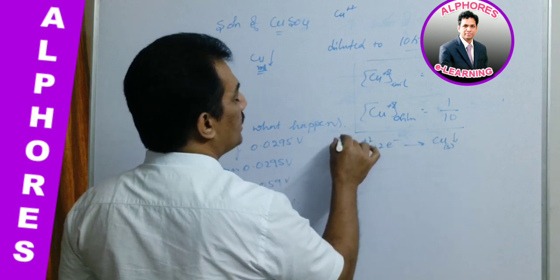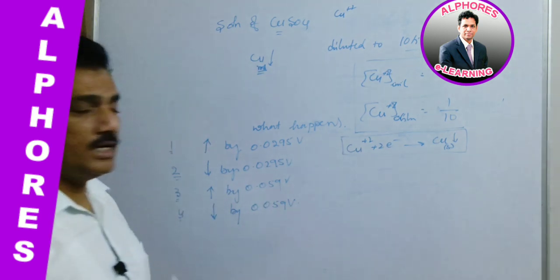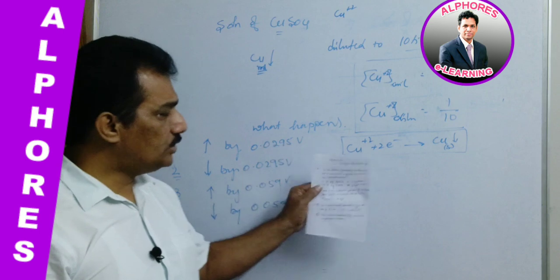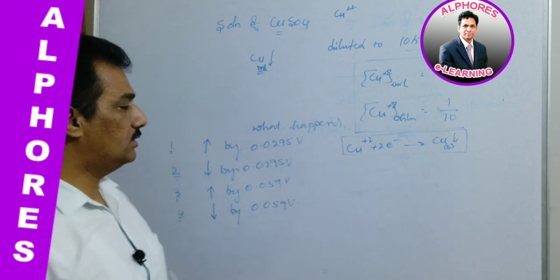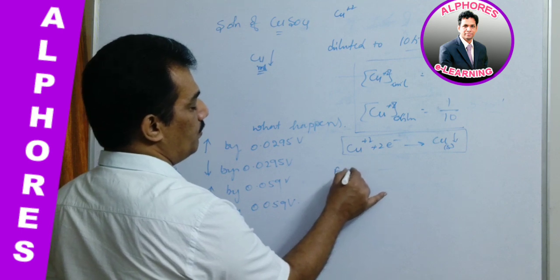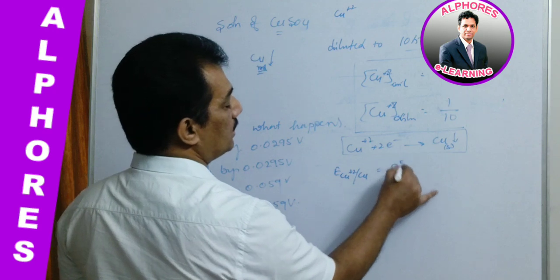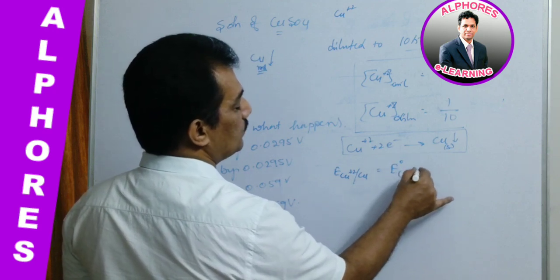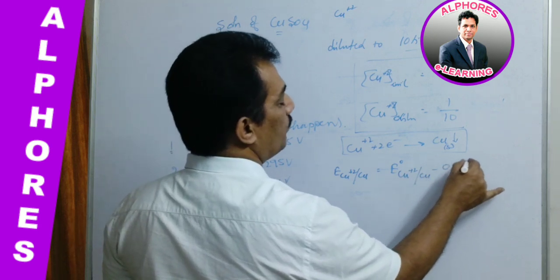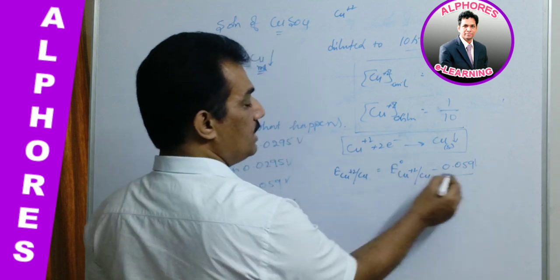Already we know copper tends to go for reduction always. Clear? Its attitude is to go for reduction. Now E Cu+2 to Cu is equal to E naught Cu+2 to Cu minus 0.0591 or 0.059 by how many electrons involved?